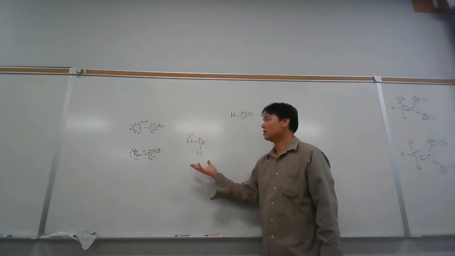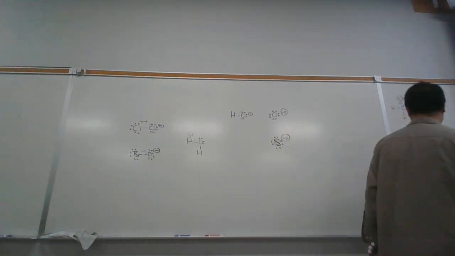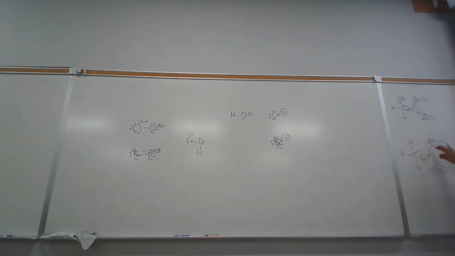We can lose charge density due to delocalization. Here, going from -1 to -1/2. Or a combination of resonance delocalization and inductive effect. And so we have to be on the lookout for that.